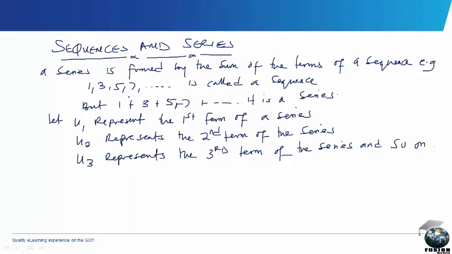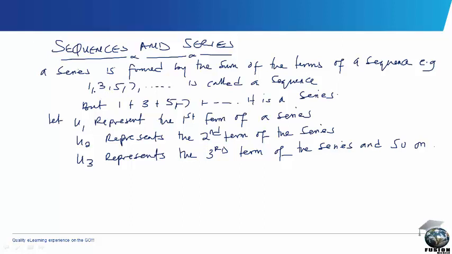What makes it a sequence is that there is an orderly form of arrangement. If we look at the values we have here, 1, 3, 5, and 7, each of them differs from the next by 2.